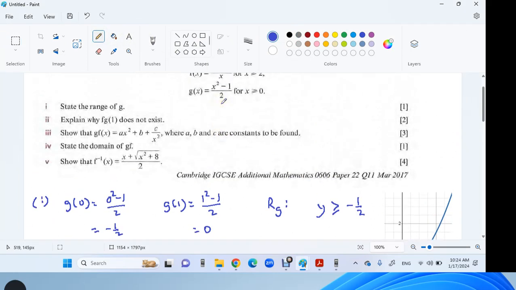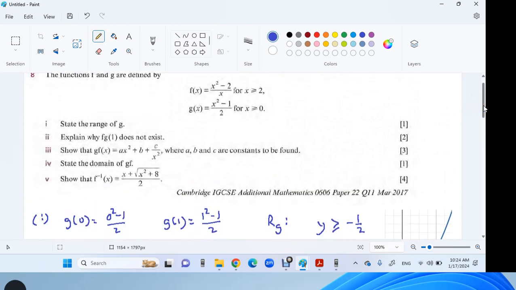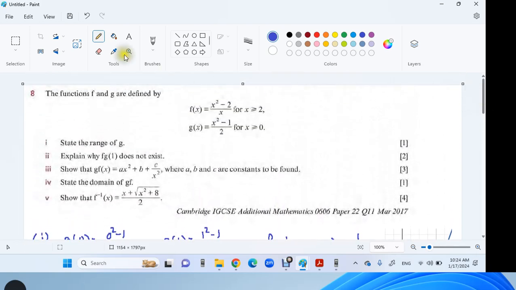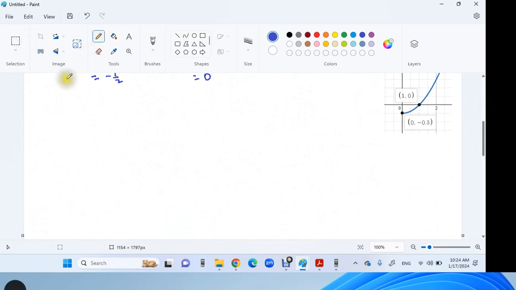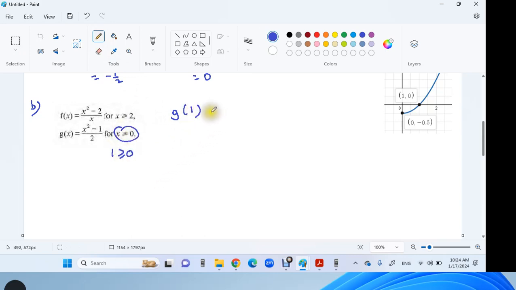Number 2, explain why fg(1) does not exist. So we want fg(1). Because 1 is greater than or equal to 0, g(1) will be 1 squared minus 1 over 2, which is 0.